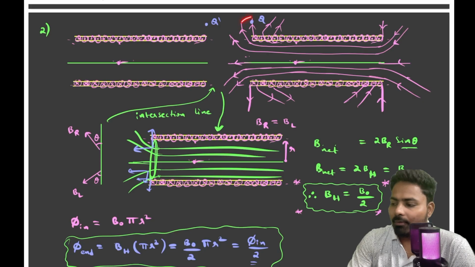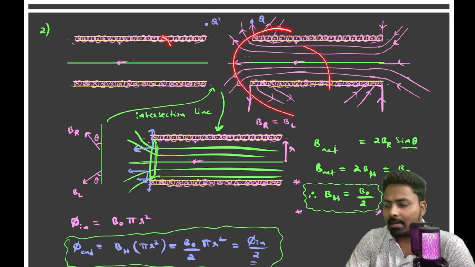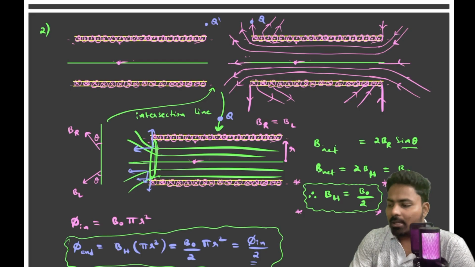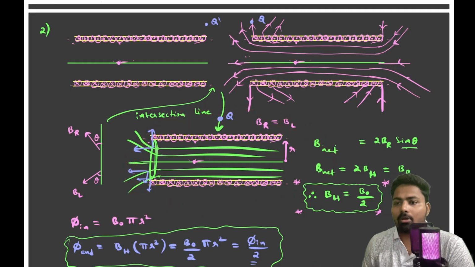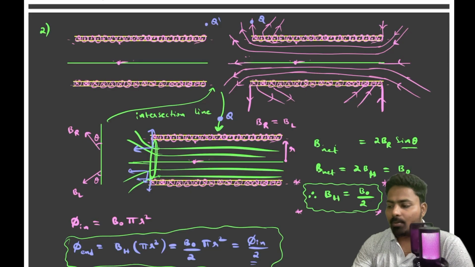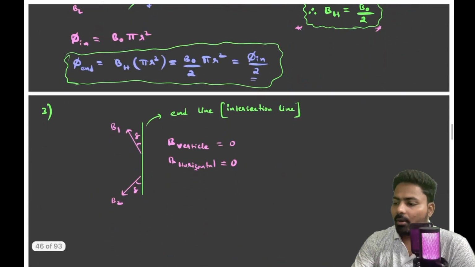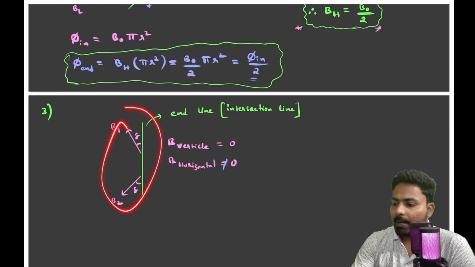At q the field is not 0, at q dash the field is not 0 when the solenoids are separate. Then when we join both of them, this point, q or q dash, becomes an outside point for this solenoid, right? So b horizontal is not equal to 0 over here, because these two will get added up.